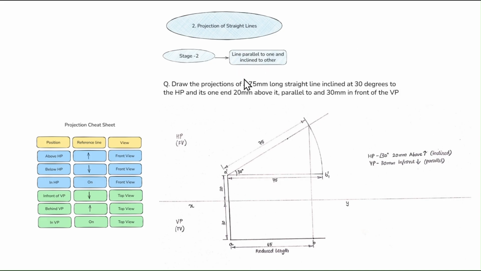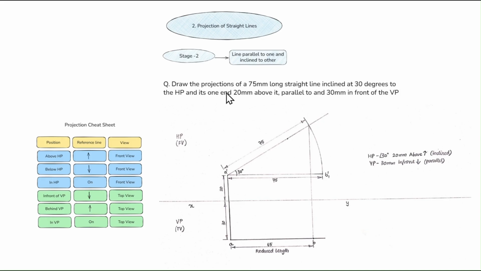Inclination means angles, that's it. Let's understand that with this particular question: draw the projection of a 75 mm long straight line inclined at 30 degrees to the HP and its one end 20 mm above it, parallel to and 30 mm in front of VP.